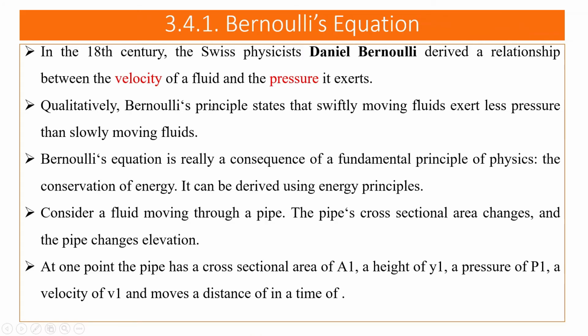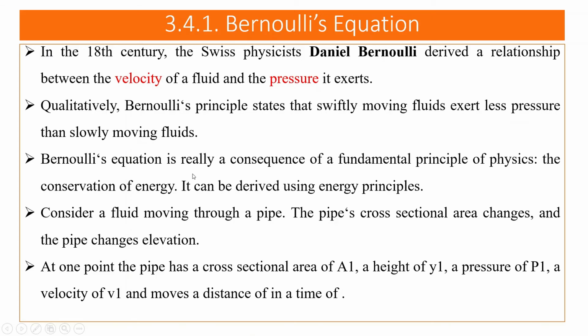Okay. So now the next or the last part of chapter 3 is regarding Bernoulli's equation. So in the 18th century, the Swiss physicist Daniel Bernoulli drew a relation between velocity of a fluid and the pressure it exerts. Qualitatively, Bernoulli's principle stated that swiftly moving fluid exerts less pressure than slowly moving fluid.